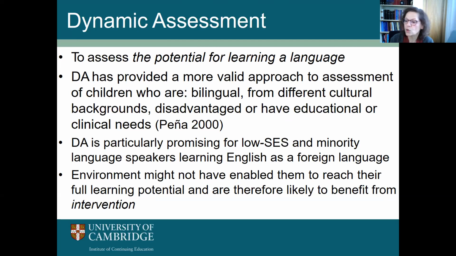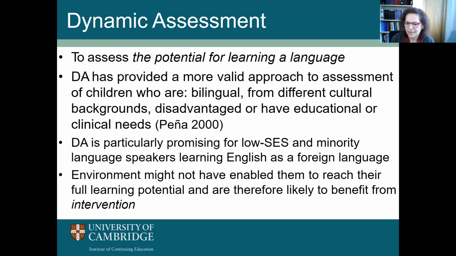Dynamic assessment has already been shown to be a valid approach to assessment for children who are bilingual already, or they come from different cultural backgrounds, they're disadvantaged or have educational or clinical needs.